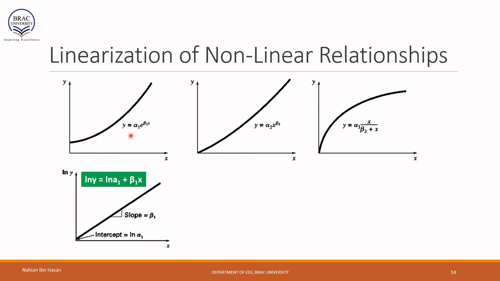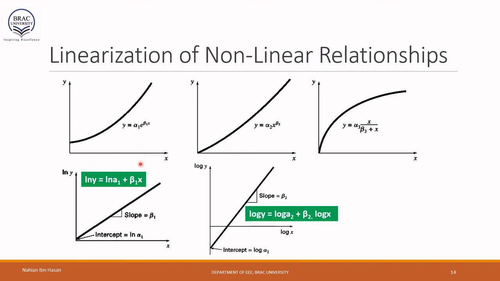If we take ln, the natural logarithm, on both sides, we get ln y equal to ln alpha 1 plus beta 1x. Once we do this, the intercept on the y-axis is ln alpha 1 and the slope of the line is beta 1.